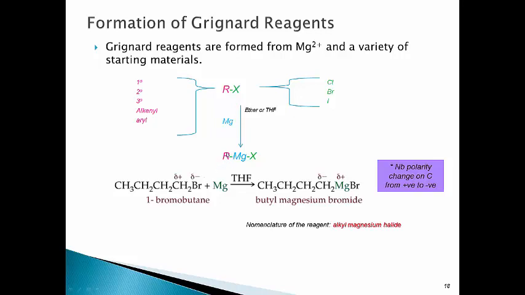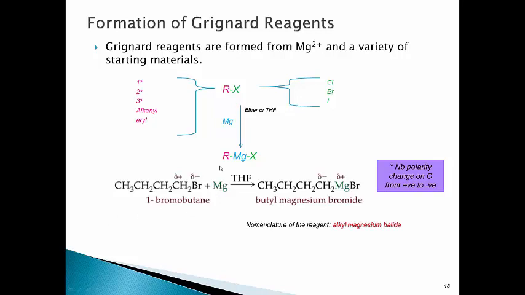What we've got forming is our R group, our magnesium, and then our halogen. For example, we've got 1-bromobutane, with its delta positive and delta negative, and we've got magnesium. That's one of our reagents, and it's done in THF, which is the solvent. The THF isn't doing anything, it's just the medium in which the reaction can occur.